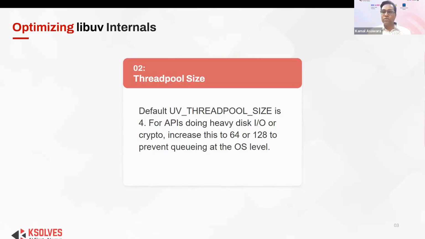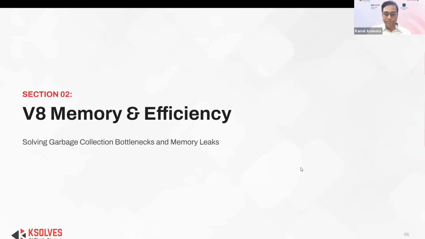So you can increase this to 64 or to 128. The maximum possible value is 1024, but that is not advisable because these numbers should relate to your logical cores. If you set it to a big number, you will again get a performance hit due to CPU context switching. So set it to 64 or 128 accordingly.